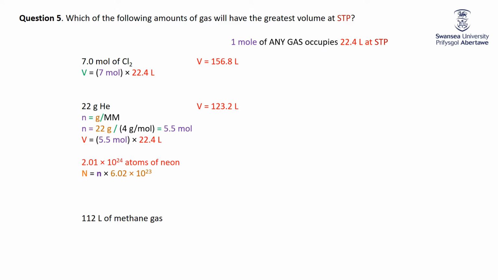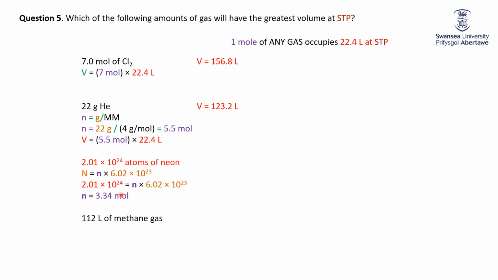Well, let's see. Atoms, in this case of neon, 1 mole of neon is 6.02 times 10 to the 23 atoms of neon. So we got this many atoms of neon. How many moles is it going to be? 2.01 times 10 to the 24 divided by 6.02 times 10 to the 23, which is 3.34.